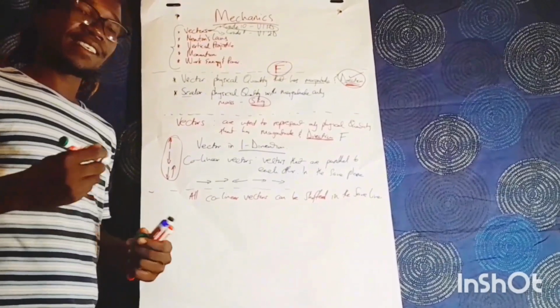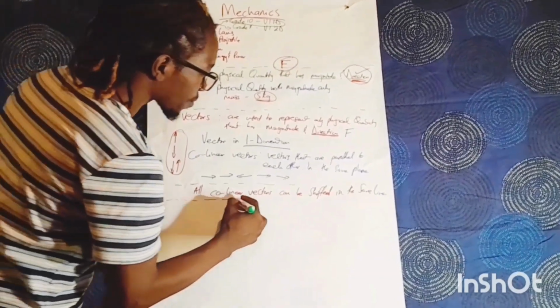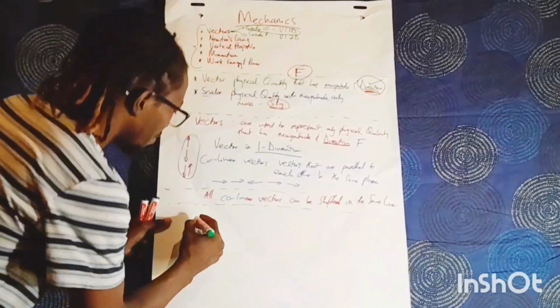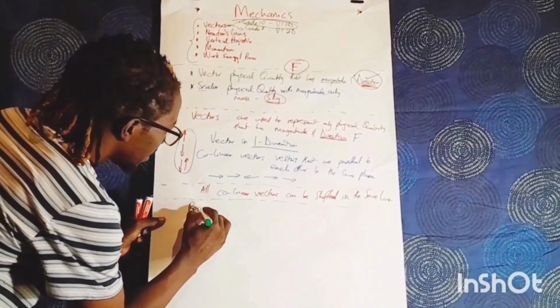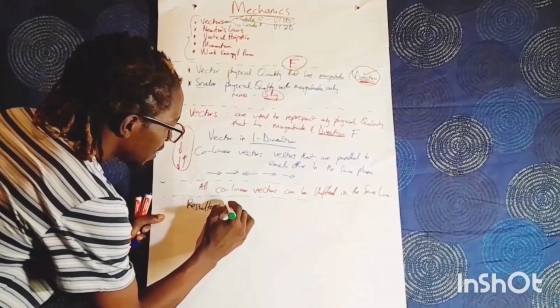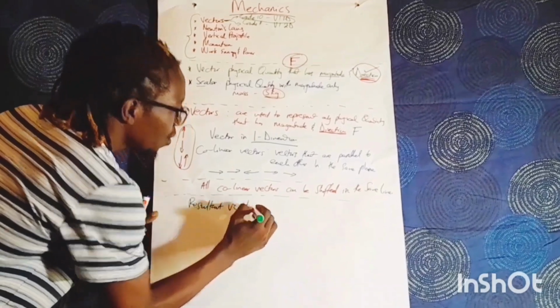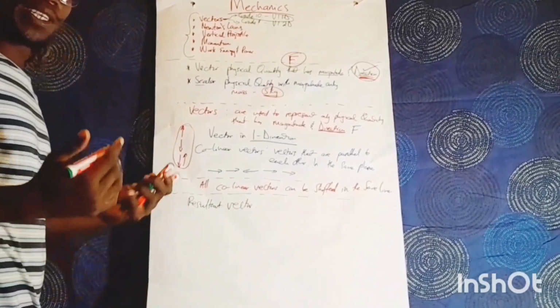The resultant vector, right? So we're mostly focused on finding the resultant vector. So what is a resultant vector?